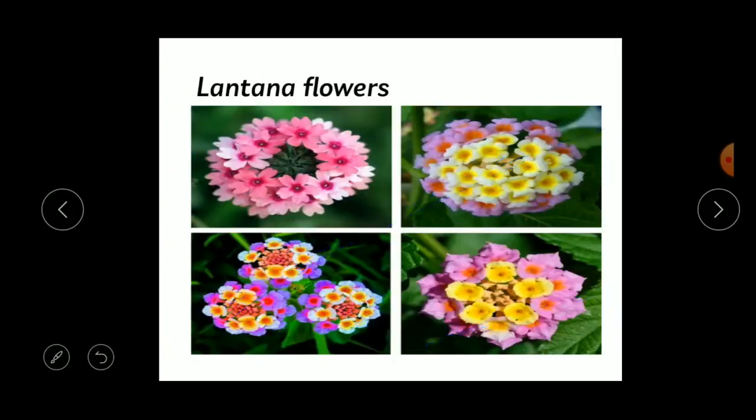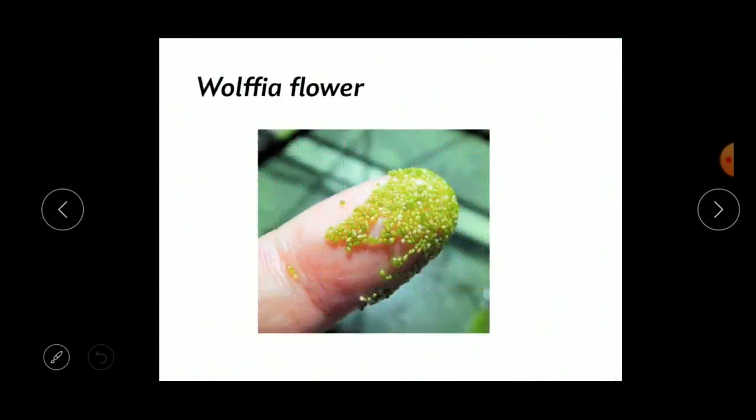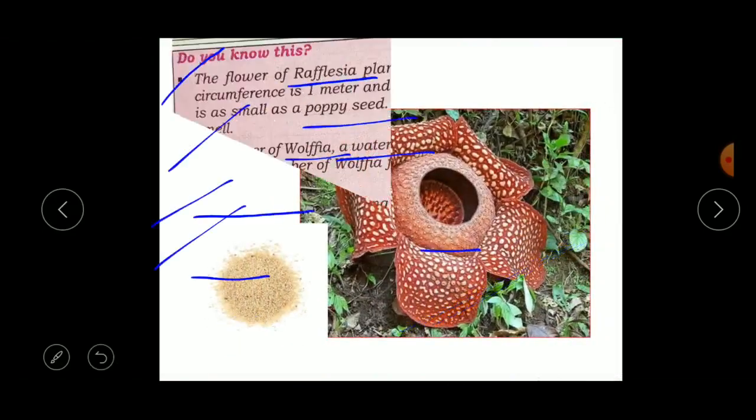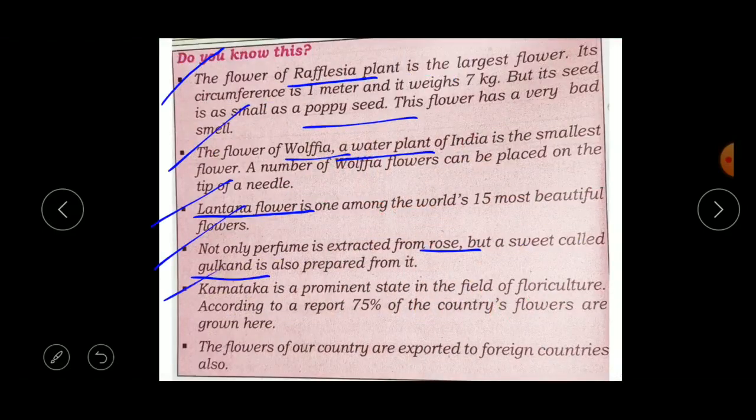Understood, children? Okay. So the next point is Karnataka is a prominent state in the field of floriculture. According to a report, 75% of the country's flowers are grown here. Floriculture means the cultivation or farming of flowers.